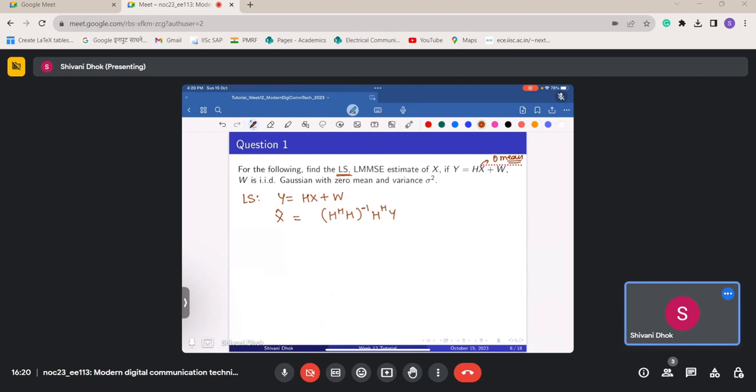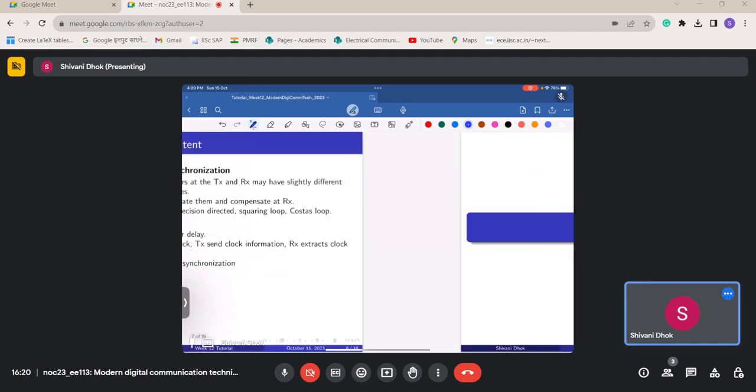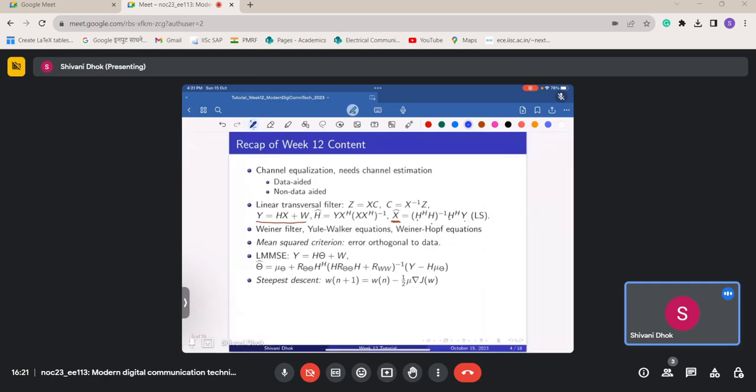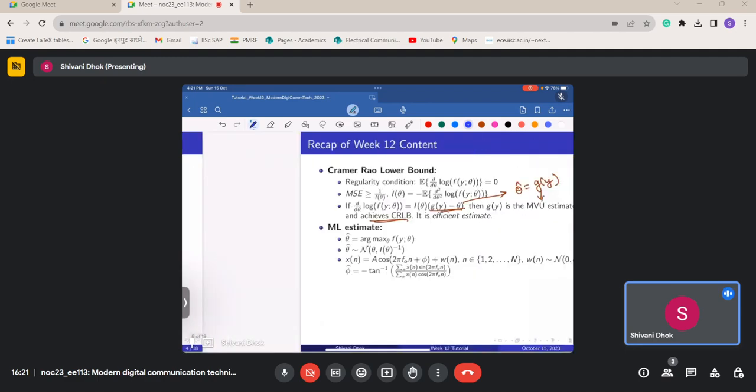And the next thing that we need to find is this LMMSE estimate. How to find it? Again, we'll go back to whatever we had discussed earlier. We have y equal to h theta plus w. So theta hat is mu theta plus r theta theta h Hermitian times h r theta theta h Hermitian plus r w w inverse times y minus h mu theta. Let me write this here again.